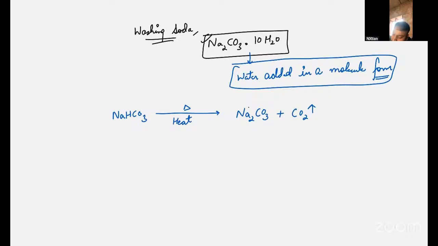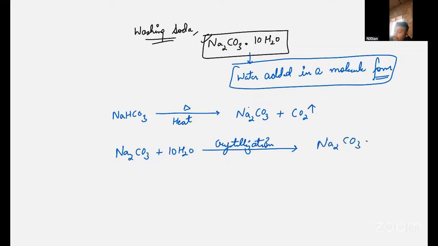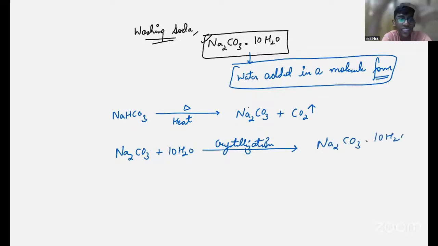Now, when you take this salt Na2CO3 and add 10H2O in the formation of crystals with the help of the crystallization process, then you will get this Na2CO3.10H2O. Did you understand, guys?